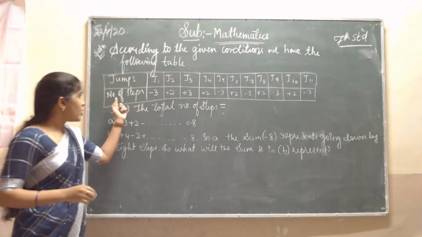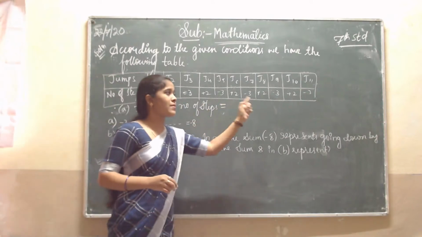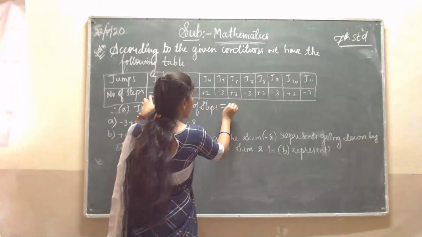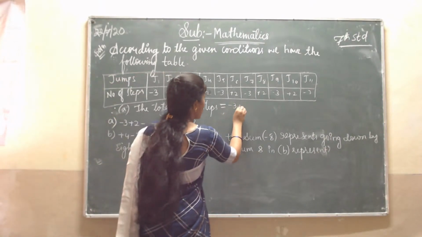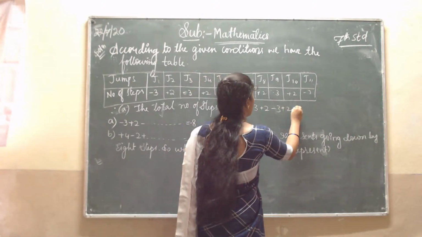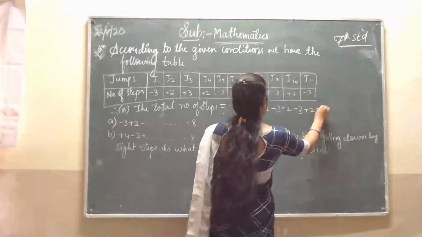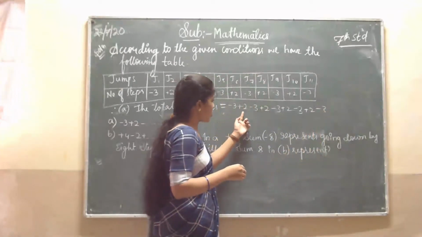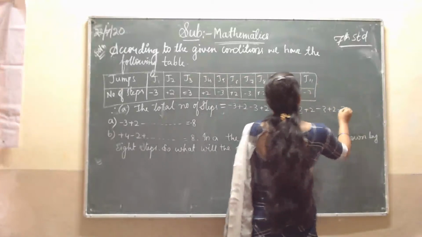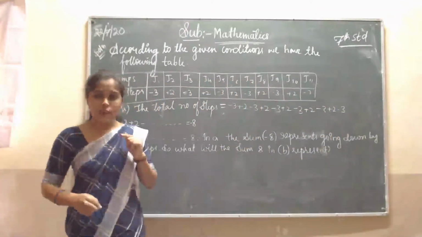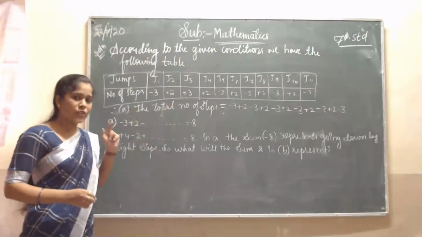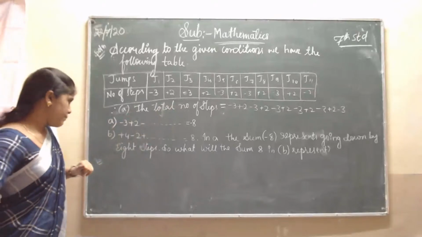These are the steps the monkey jumped: down 3, up 2, down, up, and so on, 11 jumps in all. At the 11th jump, the monkey is at the water level. What they ask is the total number of steps, so we should add.